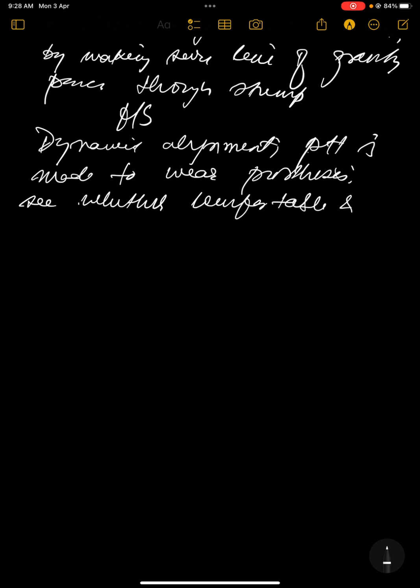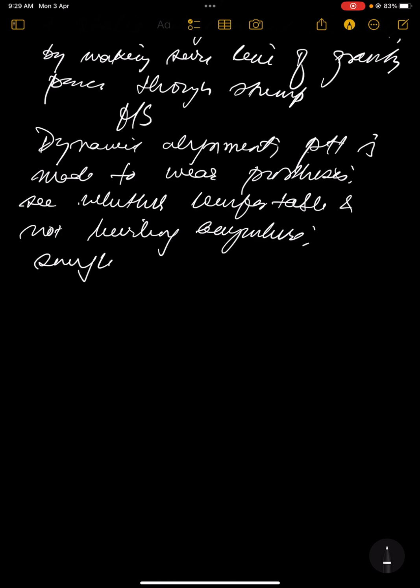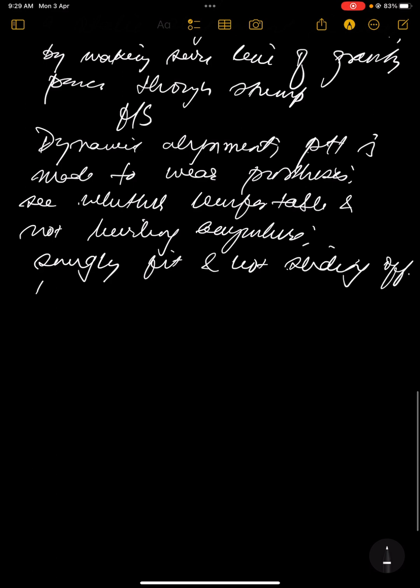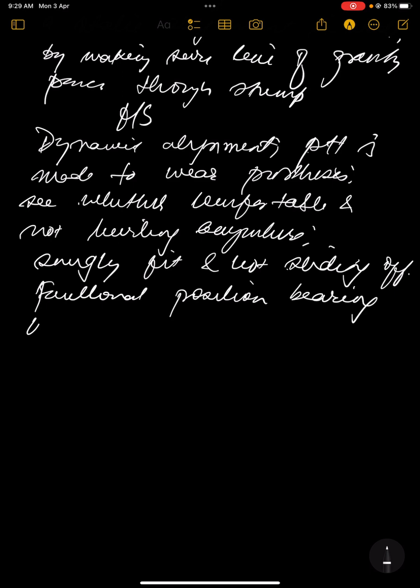See that it is snugly fitting. It is not sliding off. See that in the functional position it is bearing the weight at the correct place. See that the prosthetic limb is aligned or symmetrical to the normal limb.